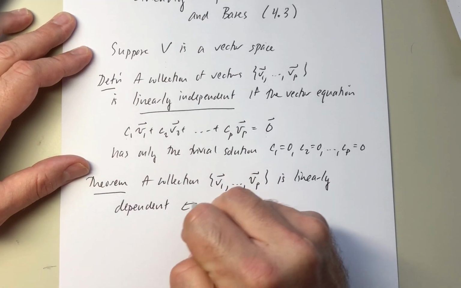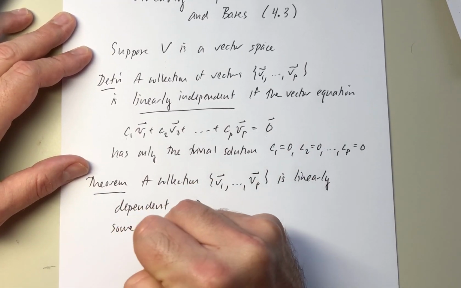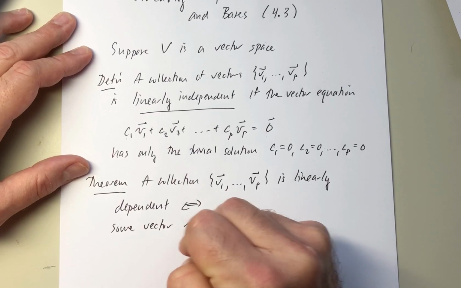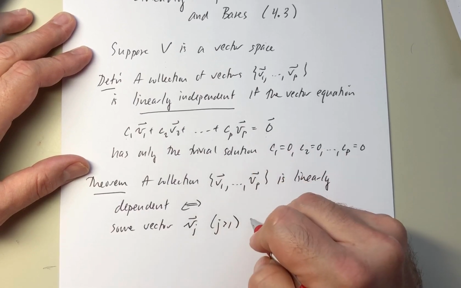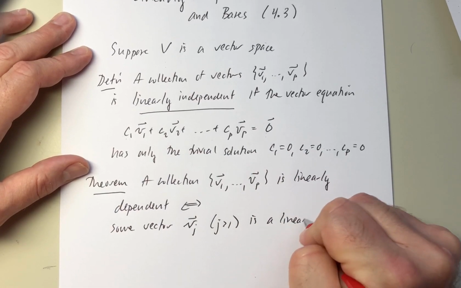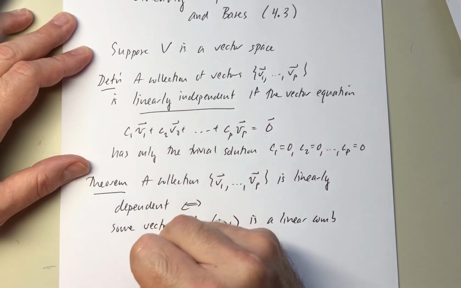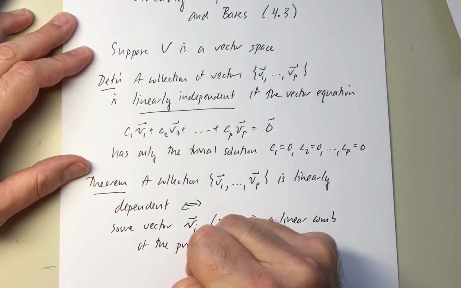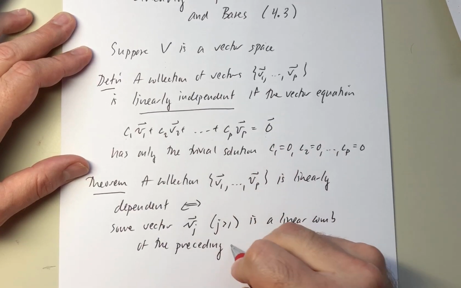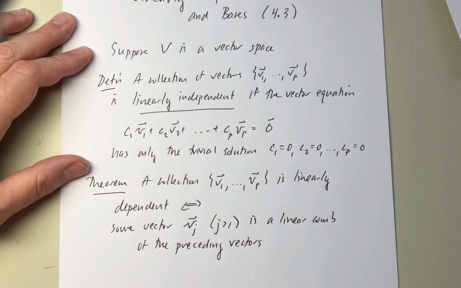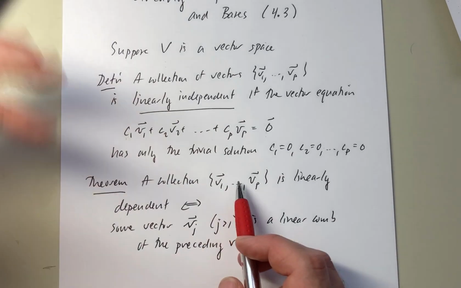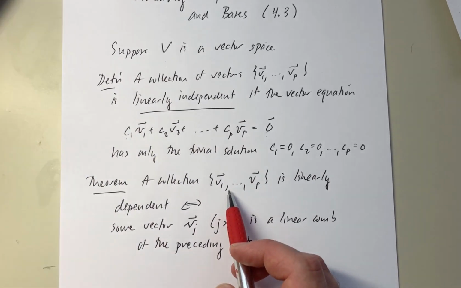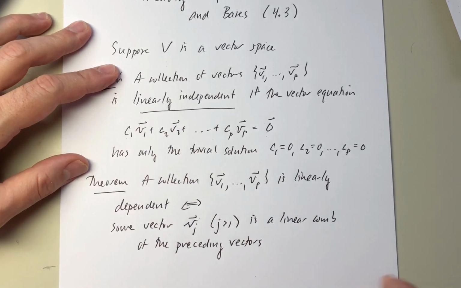So dependent if and only if some vector, say Vj in that collection, well, let's say j bigger than 1, is a linear combination of the preceding vectors. Okay, so remember that this doesn't mean that all the vectors can be written as a linear combination of the preceding, but there's going to be some Vj in this collection where I can write it as a linear combination of the previous. That's the same as saying that the collection is dependent.